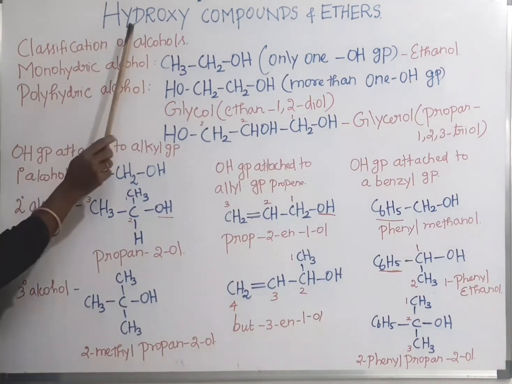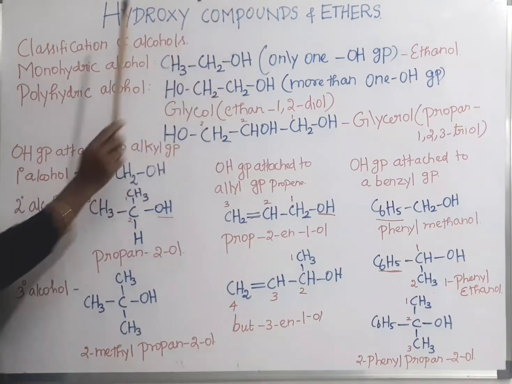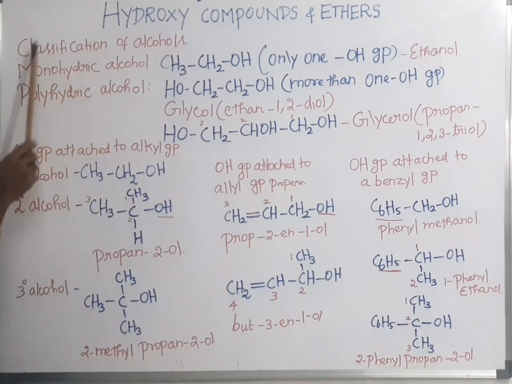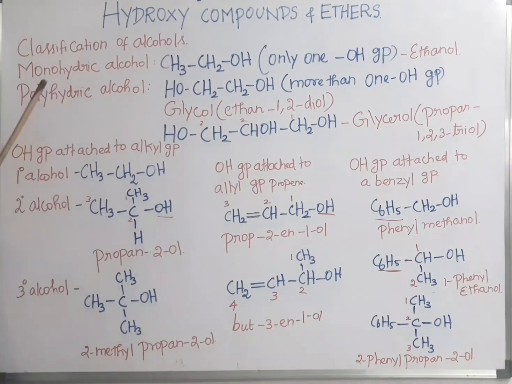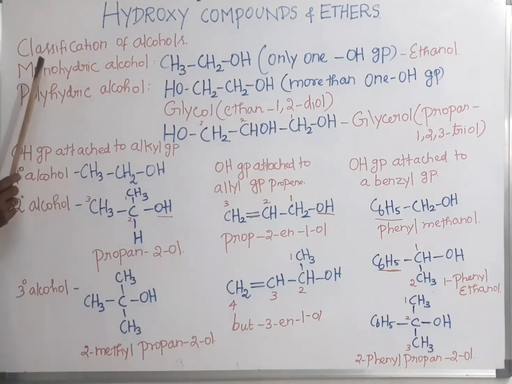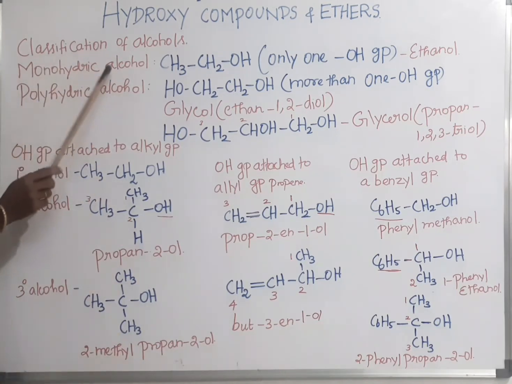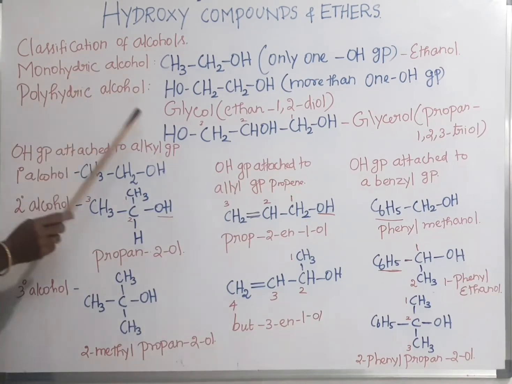The new unit is hydroxy compounds and ethers. Let us see the basic introduction about alcohols, that is, classification of alcohols. First, it is classified as monohydric alcohol and polyhydric alcohol. What is meant by monohydric alcohol? Let us see the example.